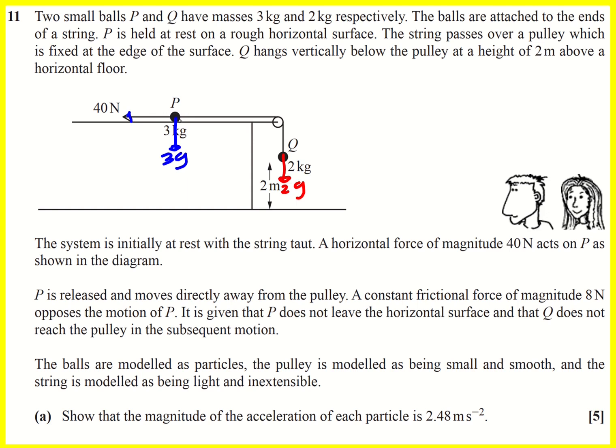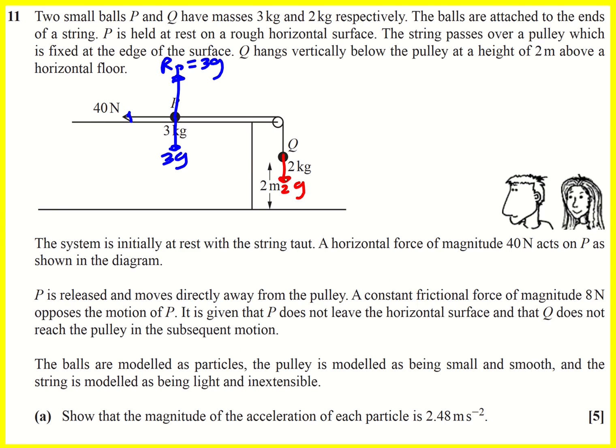Because this is on a surface, it also has a normal reaction force, and it's going to be exactly the same. So I would be tempted to just write that in. R_P is also equal to 3g. There's no other forces helping us. If there were, we'd have to change it later on, but there isn't in this question.